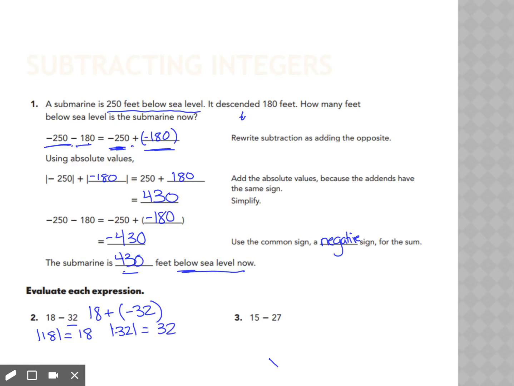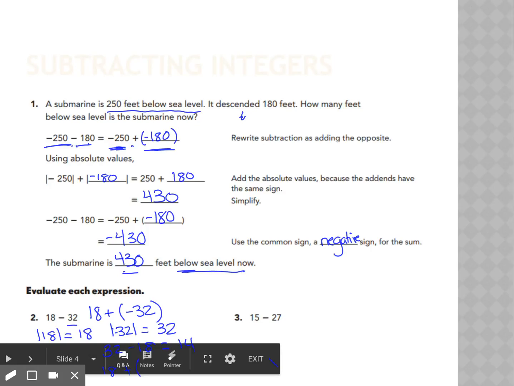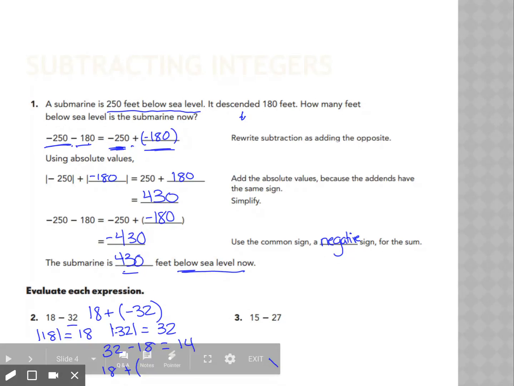So going back and subtracting, 32 minus 18 equals 14. So now I need to look at my original problem, 18 plus a negative 32. Because 32 has a larger value than 18, my answer is negative 14.